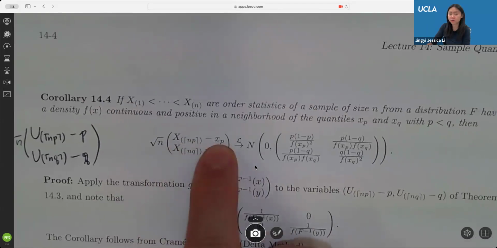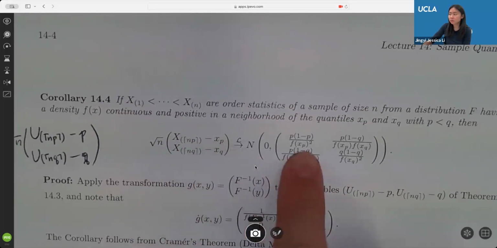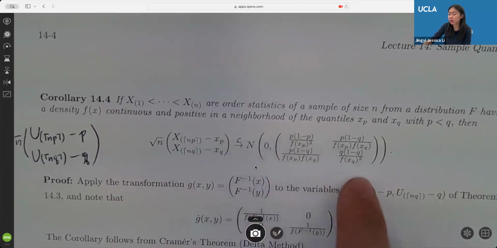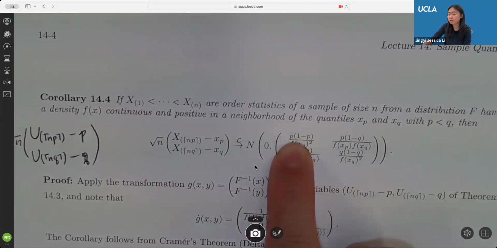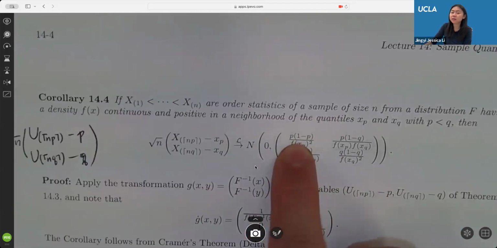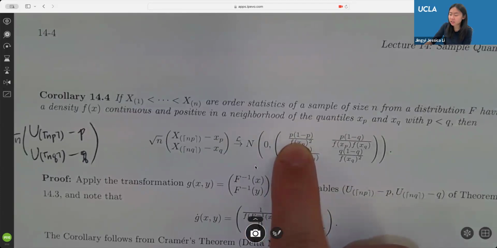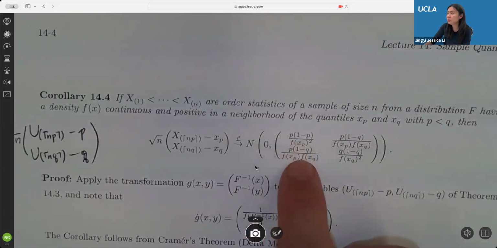In the asymptotic variance, it depends on the probability p for that quantile, because you can imagine that if p is small or large, it means that the quantile is closer to the two extremes.